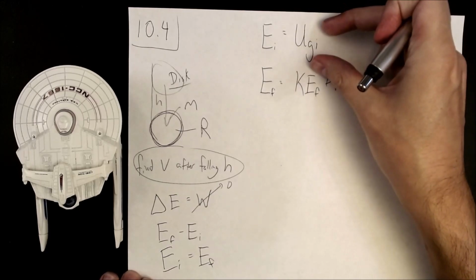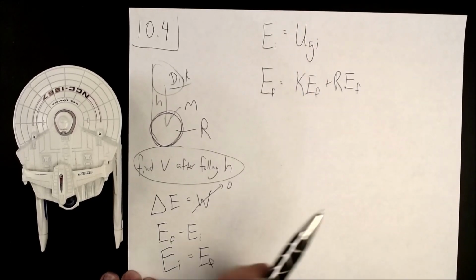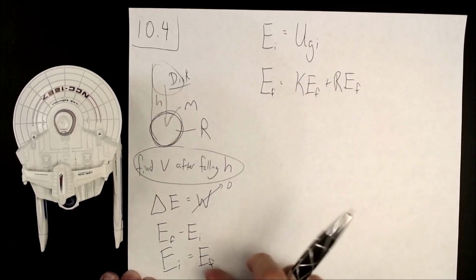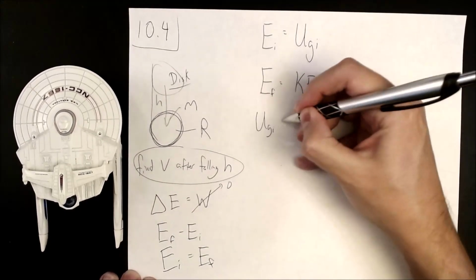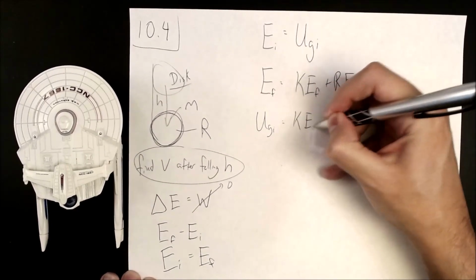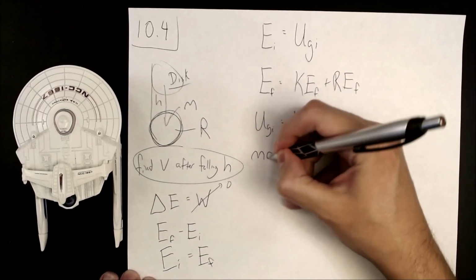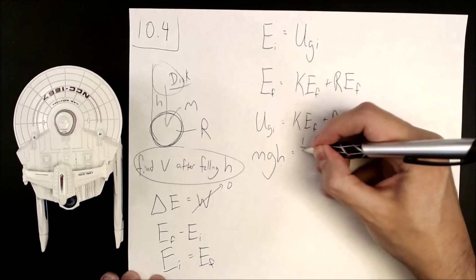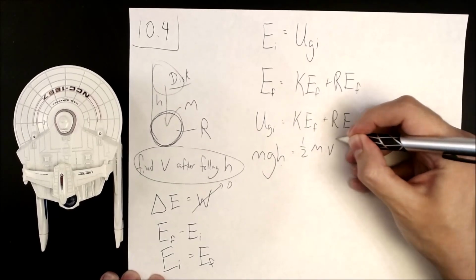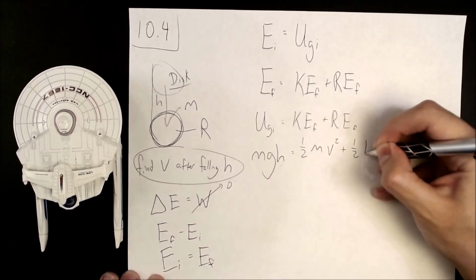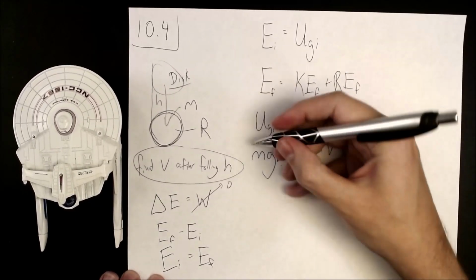I can take this and plug it in there, and I can take this and plug it in there. I get UG initial is equal to KE final plus RE final. mgh is equal to 1/2 mv squared plus 1/2 I omega squared.